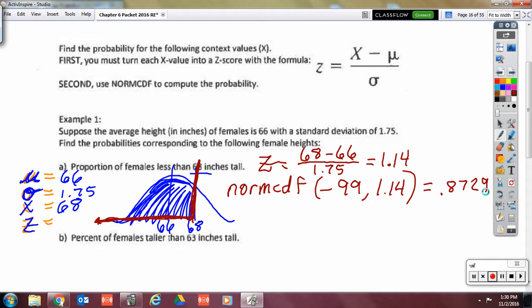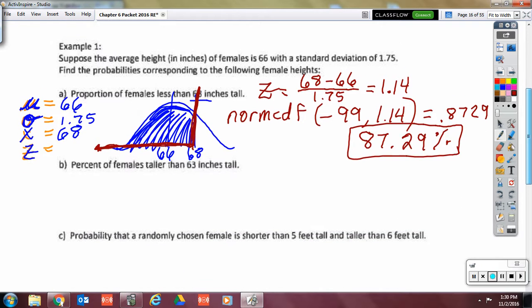Okay, so then I'm going to write that in a percent. 87.29% is the answer that we are done with. So that means if you are a female that is 68 inches tall, you are taller than 87.29% of females.